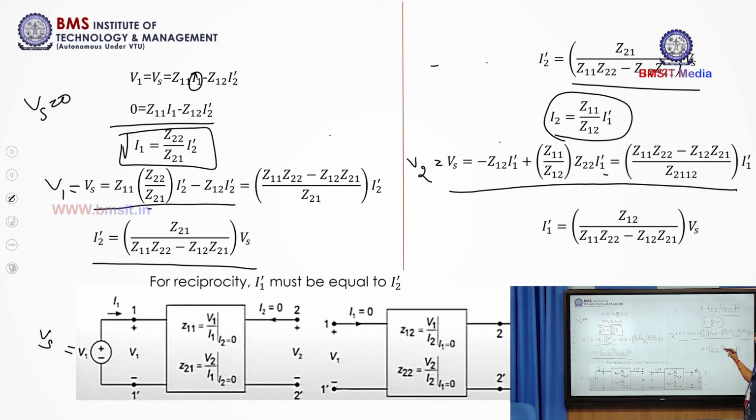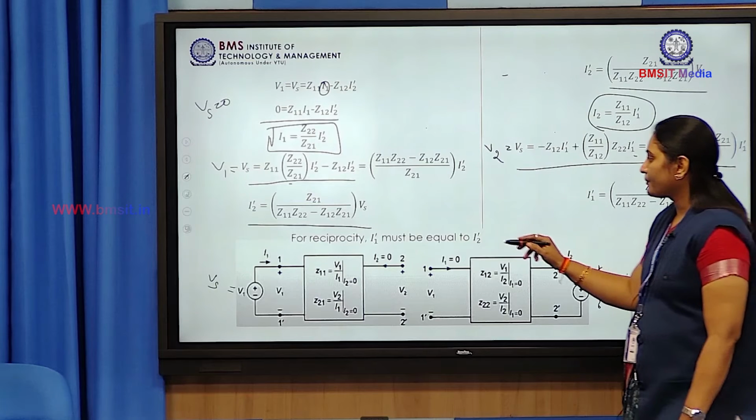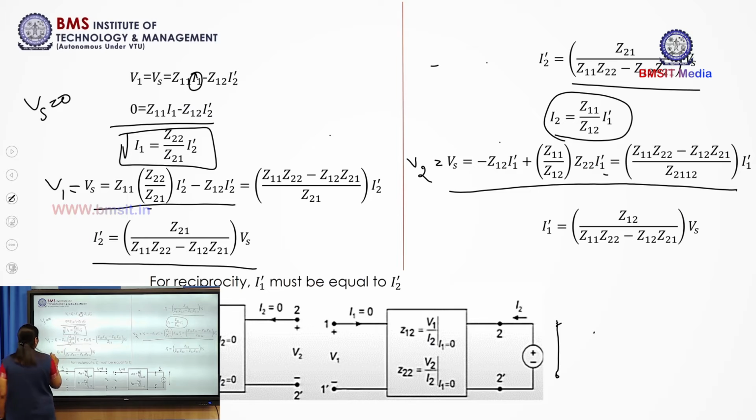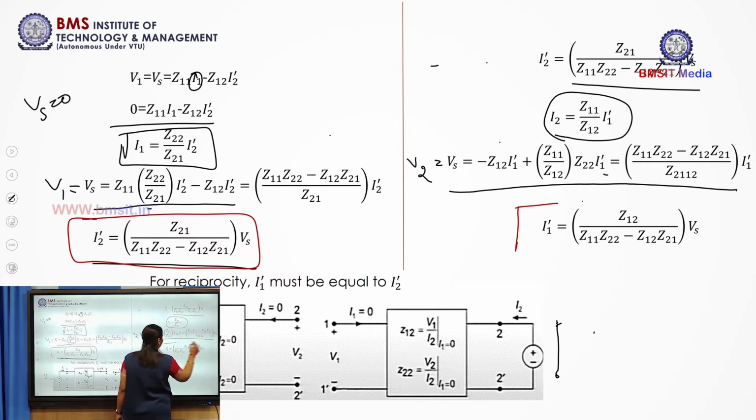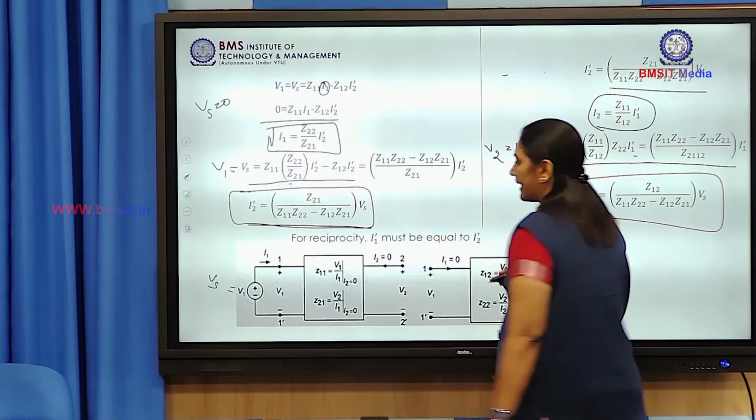So, this will be again summarized as I1 dash equal to Z12 divided by Z11 Z22 minus Z12 Z21, into Vs. So, now you compare this equation, I2 dash as well as I1 dash.